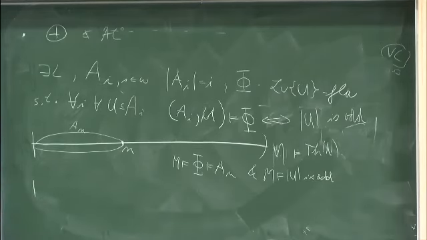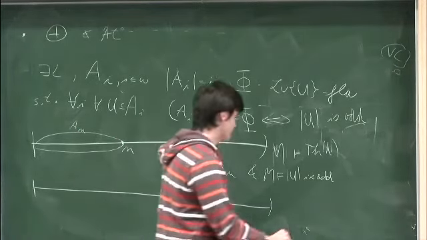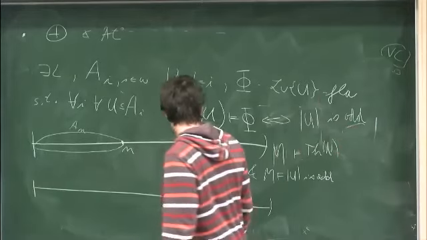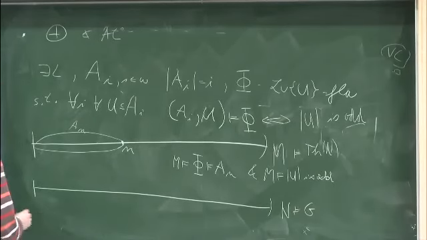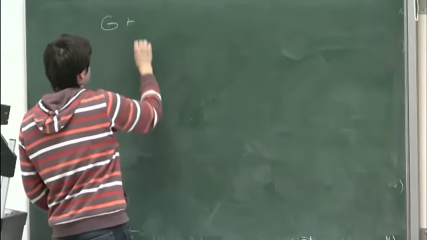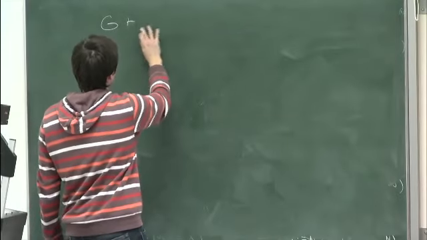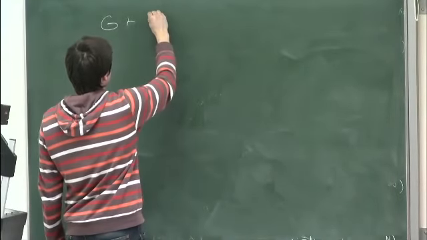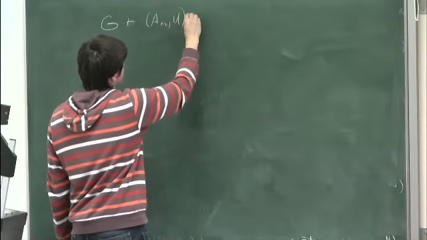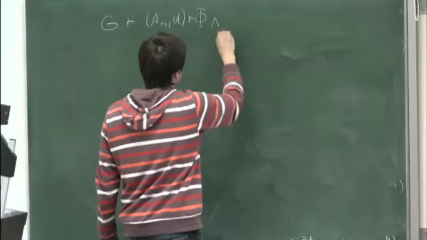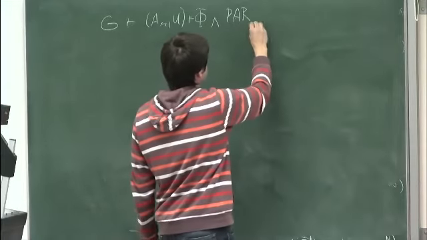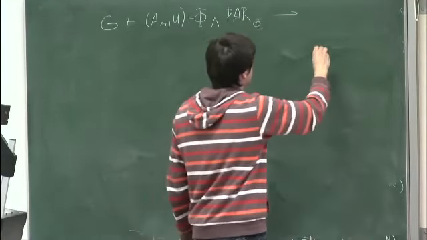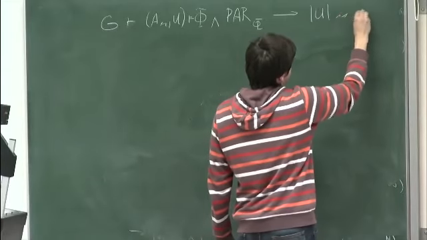Then we are able to construct another model N of some theory G, and the theory G proves the following implication: if in A_N with U, phi is true and this formula Par, which I will specify later, holds, then the cardinality of U is odd.